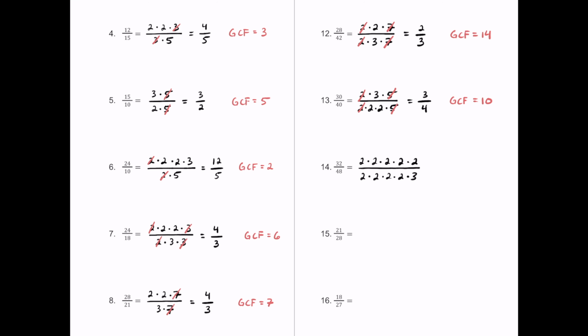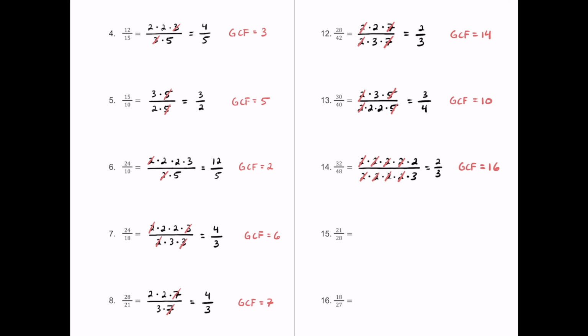Okay, so 2s cancel, another pair of 2s, a third pair of 2s, and a fourth pair of 2s. So a lot crosses out here, and we're left with 2/3. So technically, what did we use for the GCF? What did we divide top and bottom both by? Well, we crossed off 4 pairs of 2. So 2 times 2 is 4, 4 times 2 is 8, 8 times 2 is 16. So technically, we just divided top and bottom by 16.